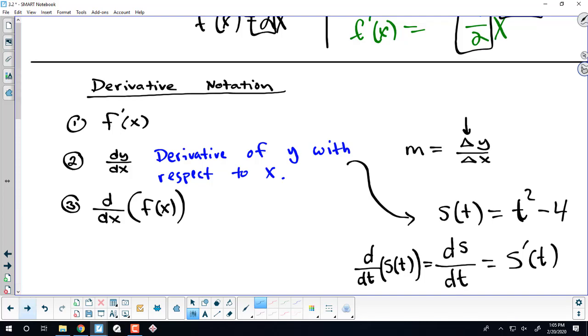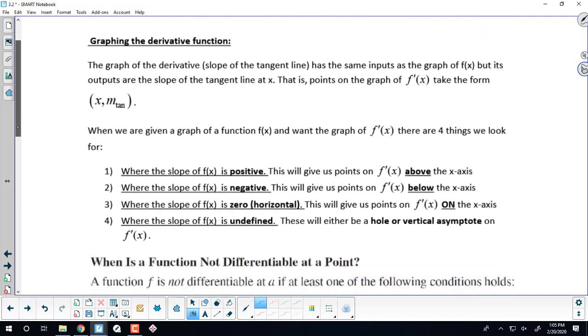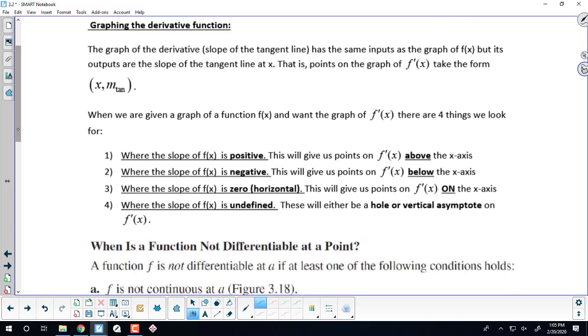So the next thing we're going to look at is graphing the derivative. When we're given a function and we're asked to graph the derivative, we're thinking of the derivative as the slope of that function at all points. So we're really going to look for these four things here.